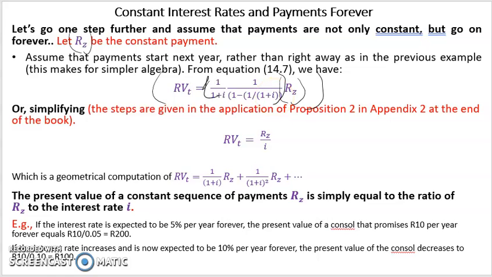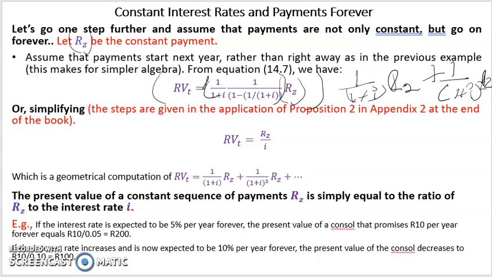So this is computed from multiple discounting factors of the RZ, such that 1 over 1 plus I to the power 2 RZ, and so on and so forth.